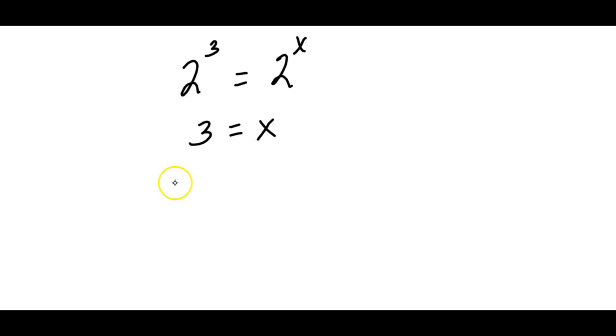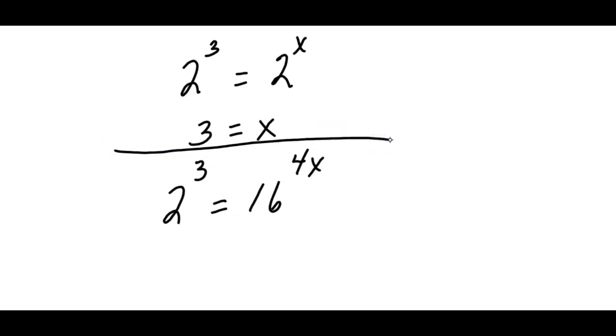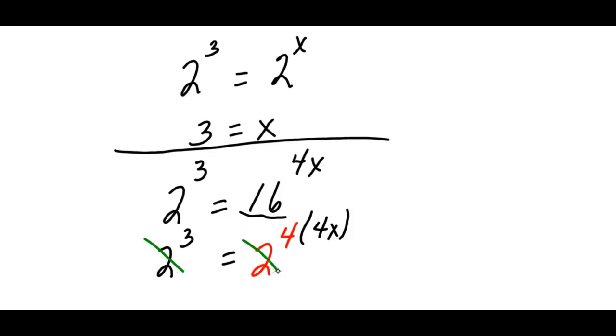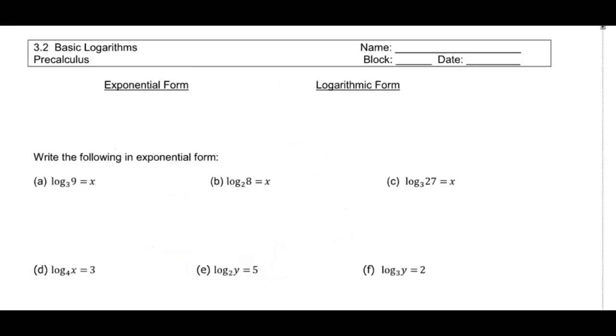And we also learned that if the bases aren't the same, if I have 2 to the third equals 16 to the 4x, I can rewrite my 16 as 2 to the fourth power. And then I can make an equation out of my exponents because my bases are the same and I can ignore them. Well, what happens when the bases are not the same?